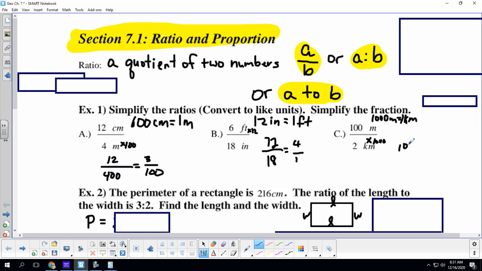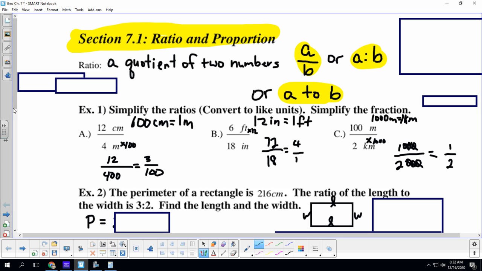So we get 100 meters over 2,000 meters. A fun way to simplify when you have zeros, you can knock off zeros 1 to 1 until you run out of zeros. And the ratio is 1 to 2.